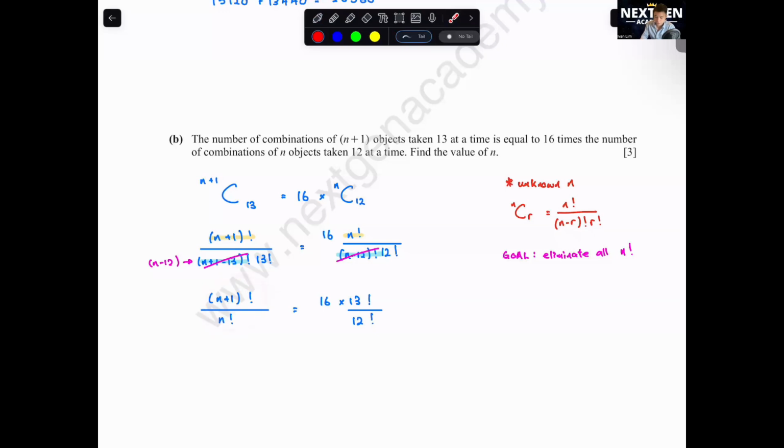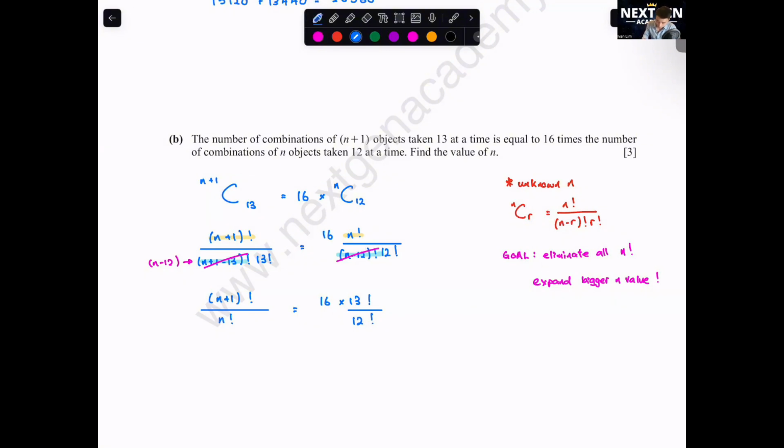When we want to simplify this, we will expand from the bigger factorial, the bigger value. N plus 1 is bigger, right? So you expand the bigger n value factorial. Okay, n plus 1 factorial and n factorial.